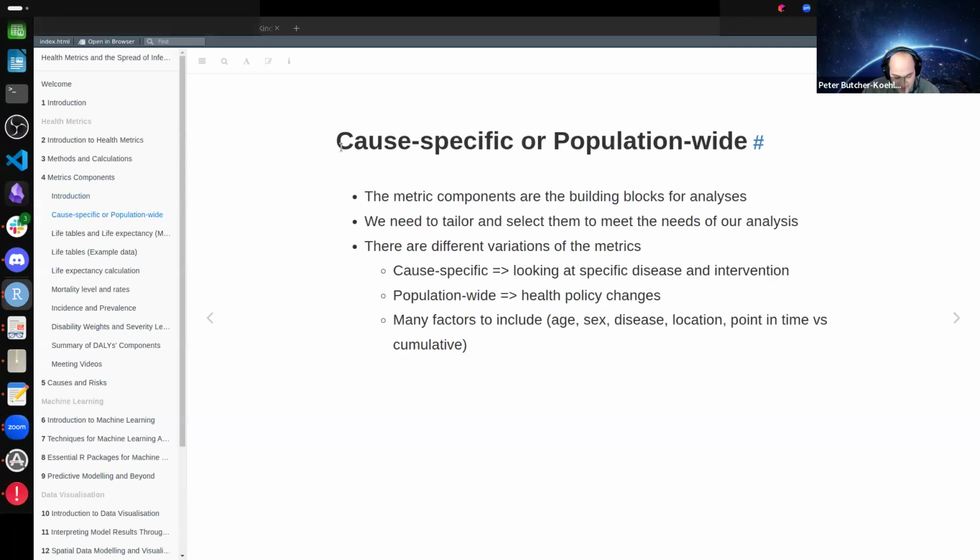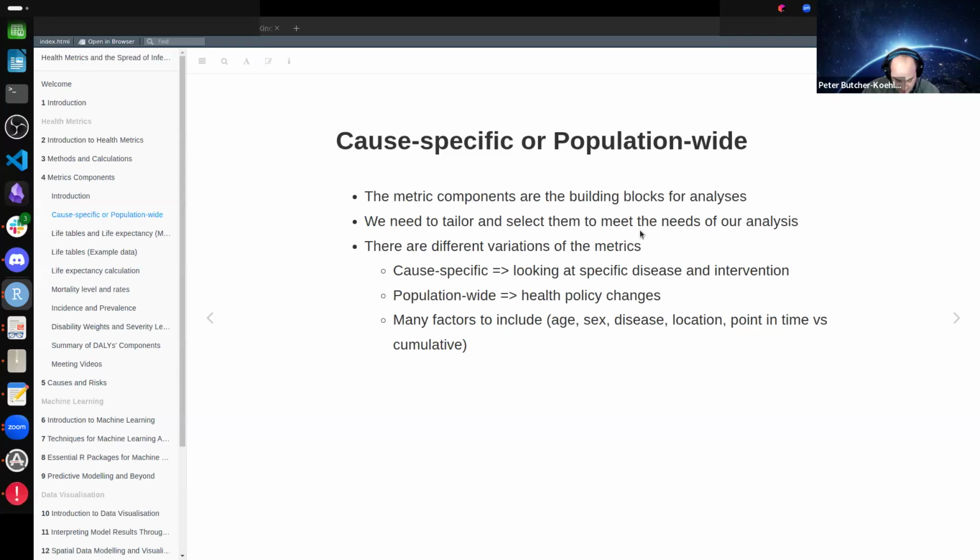We started the chapter with a discussion of cause-specific or population-wide metrics. We use our metric components to build up to the analysis. We have variations that are for cause-specific, for instance, mortality rate of lung cancer, and we have variations of metrics that are population-wide, like global health metrics or life expectancy at that level.